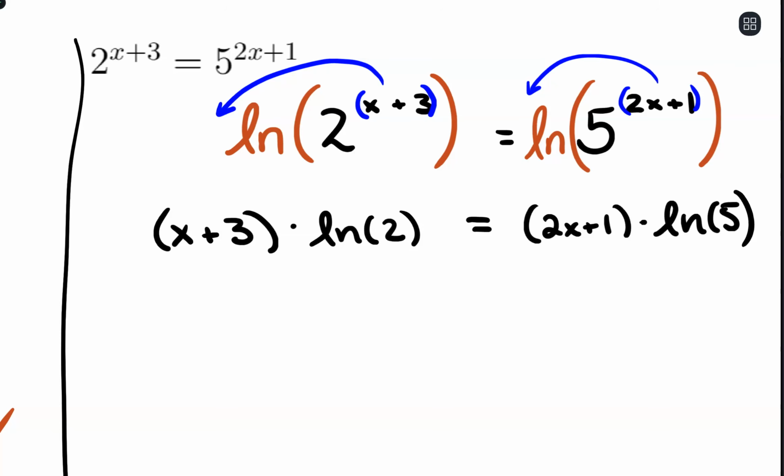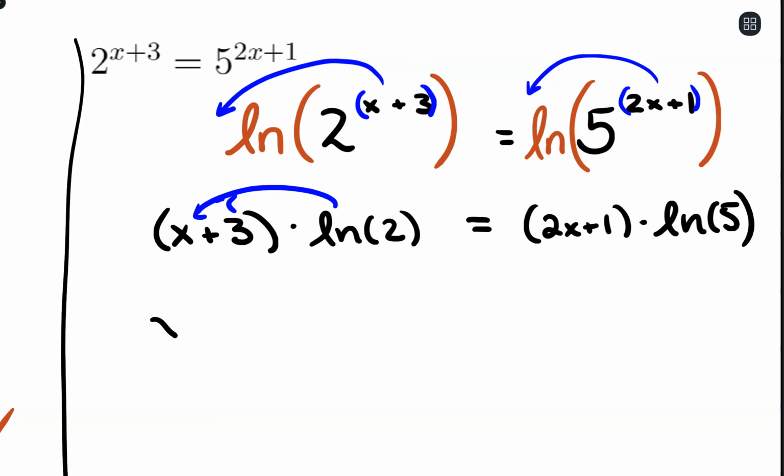So to solve for x, what we want to do is simplify both sides of the equation first and get everything with x on one side, everything else on the other. So we're just following our rules of solving for x with a linear function. I don't know if I really want to say linear here with these values, but yeah, I guess it would still be good. So what I'm going to do is distribute that natural log of 2 in to the x plus 3.